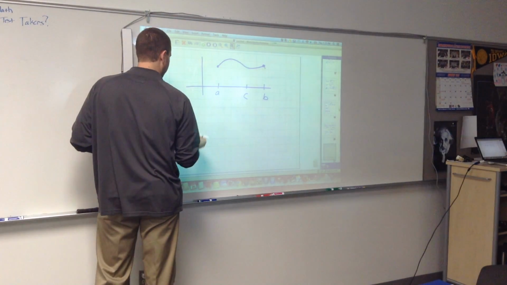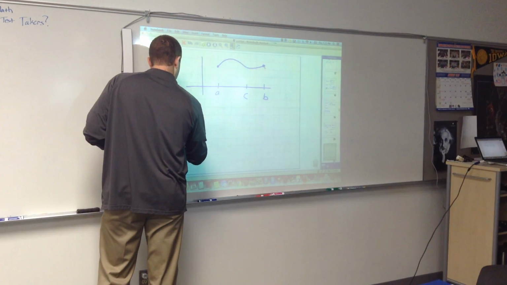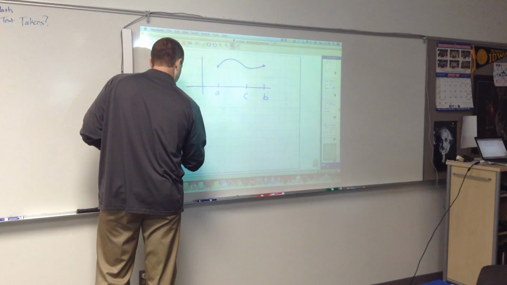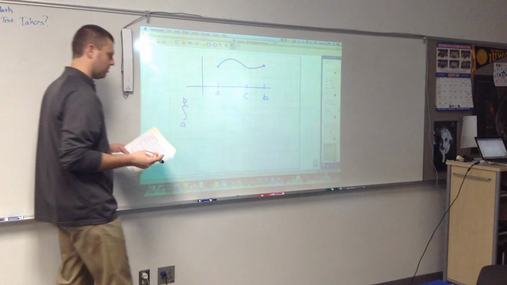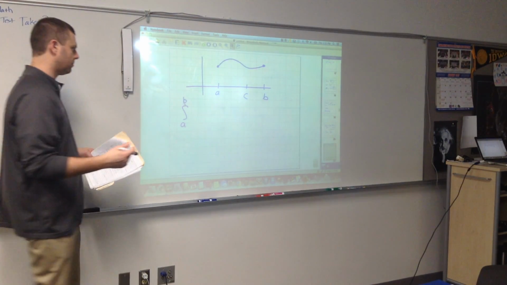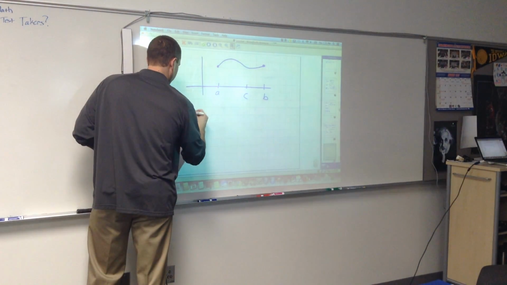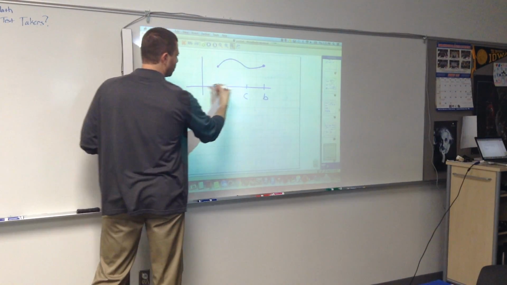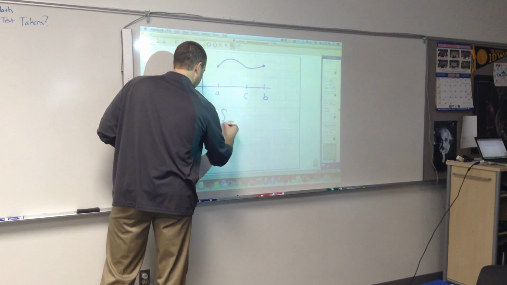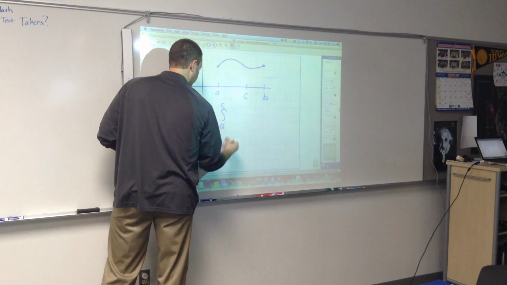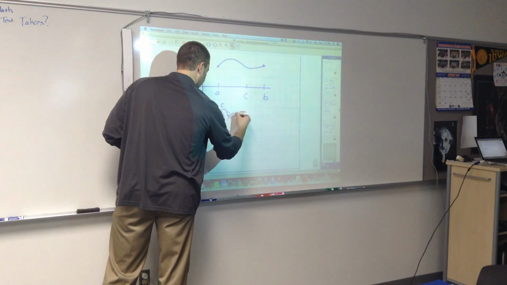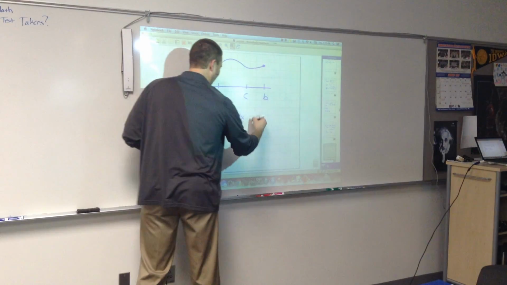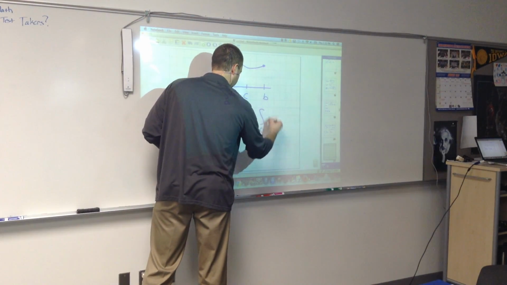So if you had to find the area under this curve from A to B, which I know you wouldn't split this one up, okay? But if you wanted to find the area under the curve from A to B, you could do two separate areas. You could find the definite integral from A to C and add that to the definite integral from C to B.